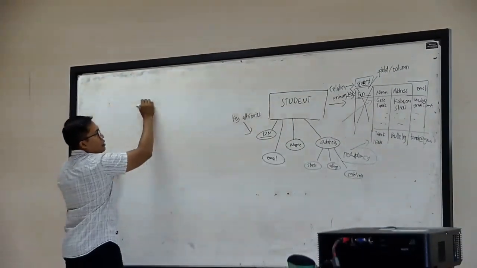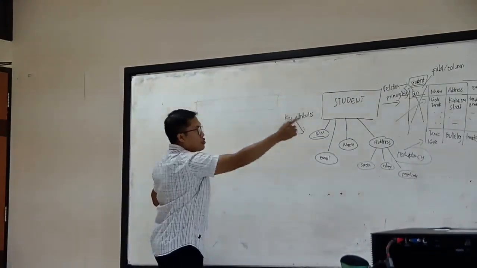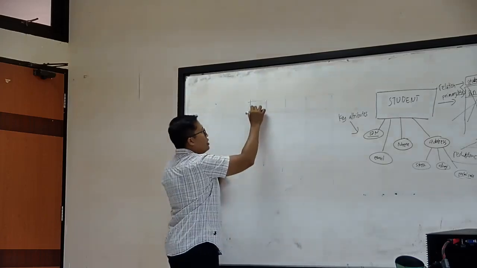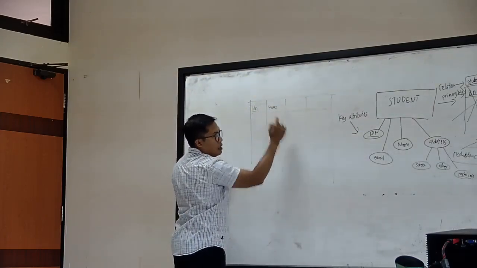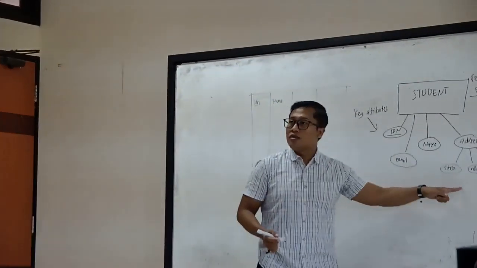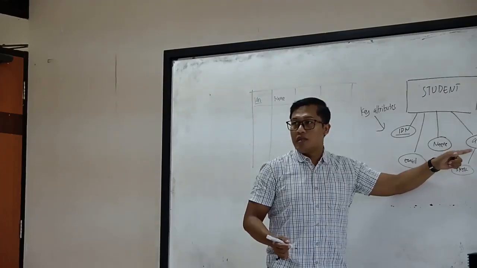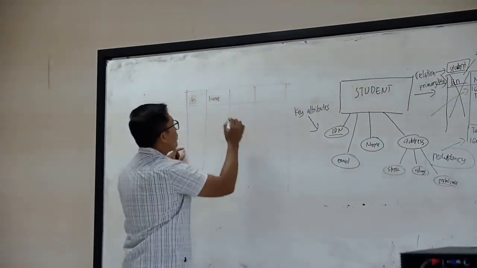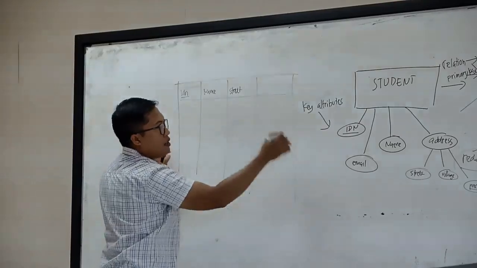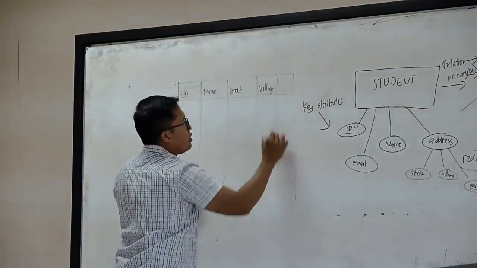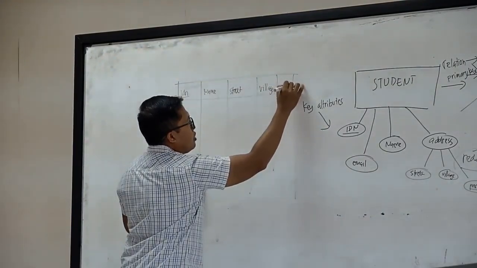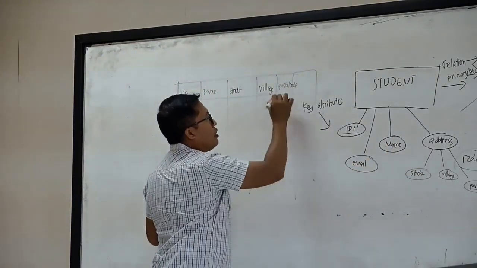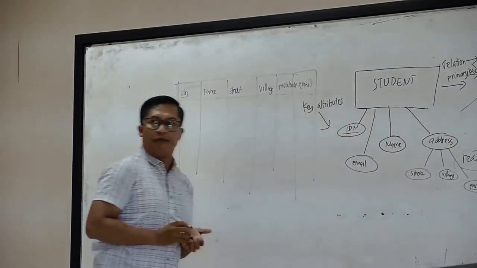So if we create a table from the student entity, we can write like this: IDN and then name. Just write the simple attributes. Don't use composite attributes in the relational model. Street, village, postal code, and the last one is email.